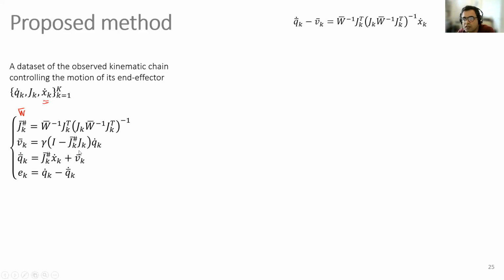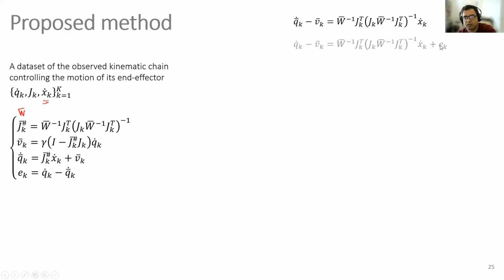Using this, I can drive an optimization problem. I'm just replacing J. I'm taking this equation here and replacing the pseudo inverse and null space velocities. So I arrive at this equation.